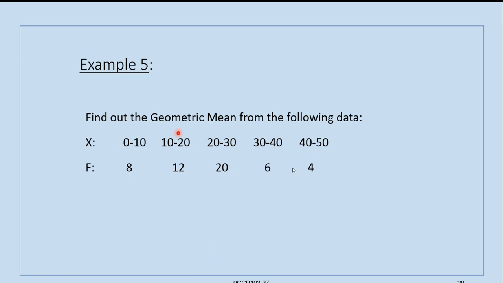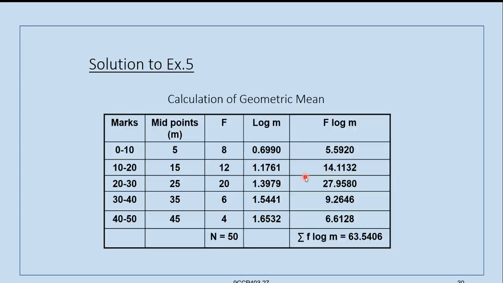We will take one example. This is the series. These are the frequencies f. So total frequency is 8 plus 12, 20, plus 20, 40, plus 10, 50. Here marks, midpoints, frequency, we can take either way.